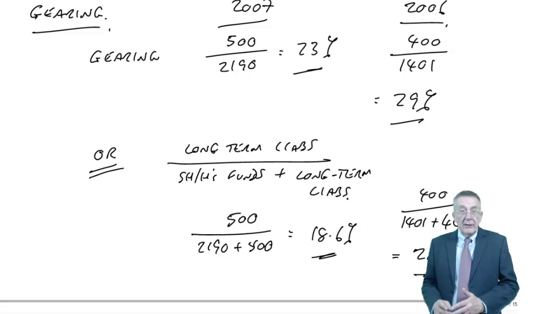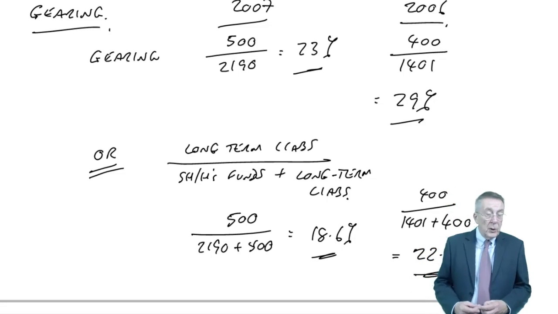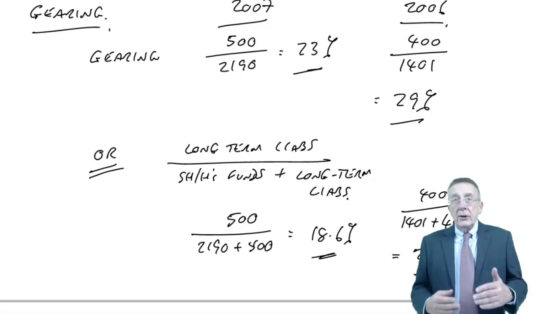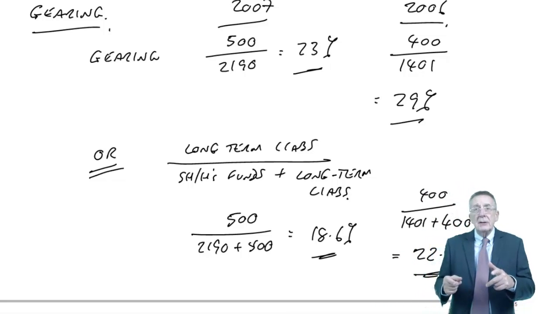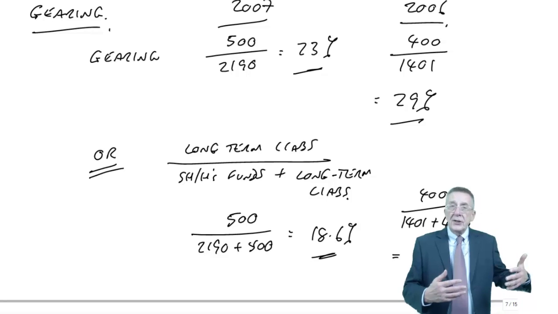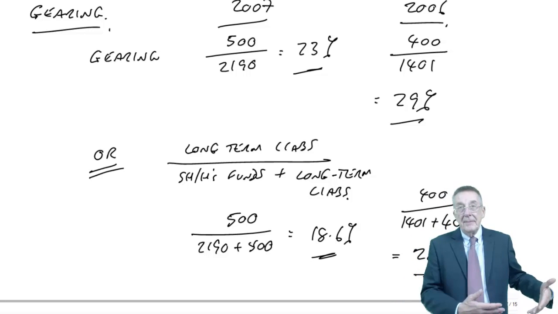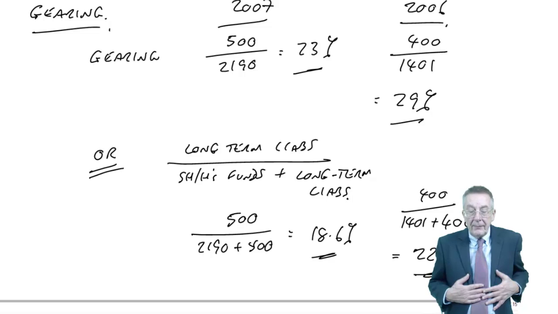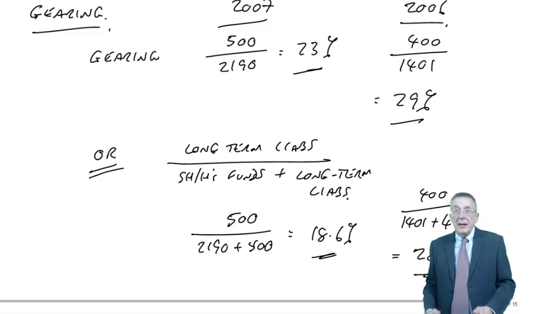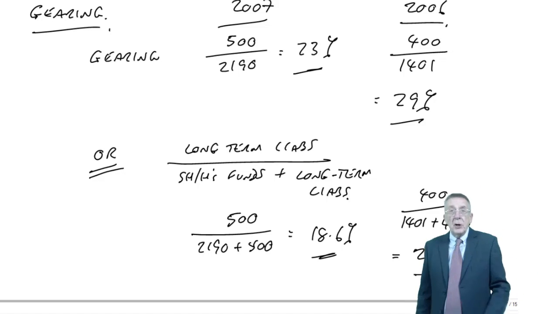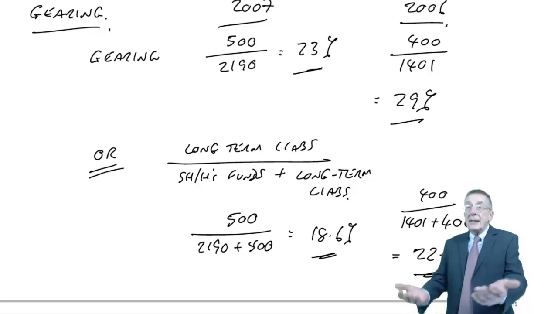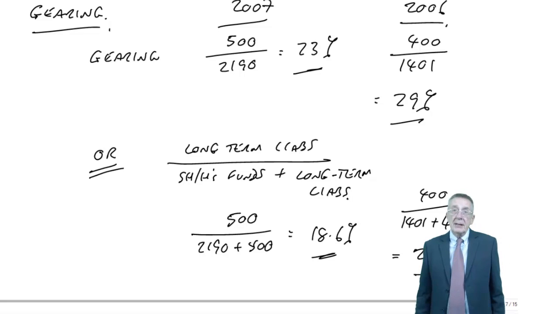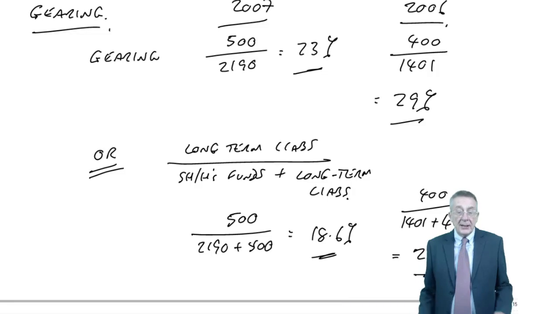One attraction of gearing, of borrowing money, is that you're having to pay interest on it, but the interest is tax allowable. With share borrowing, you're having to pay dividends, and it doesn't save you any tax. With debt borrowing like this, you pay interest instead, but that does reduce the taxable profit, and you do save a bit of tax, which is attractive.